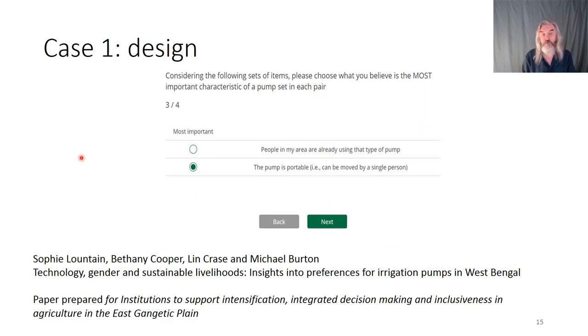This is a particular example where we went back to a paired comparison. Why did we go back to this? Well, this is because it was part of the ACR project. Because of COVID restrictions, we ended up having to do this by phone.